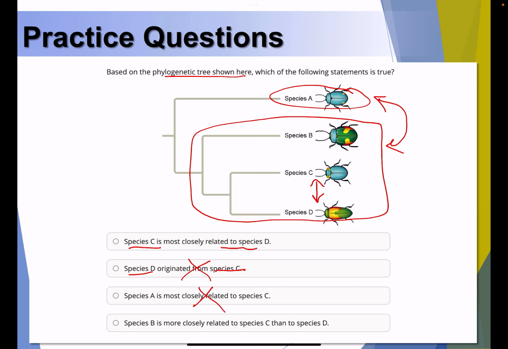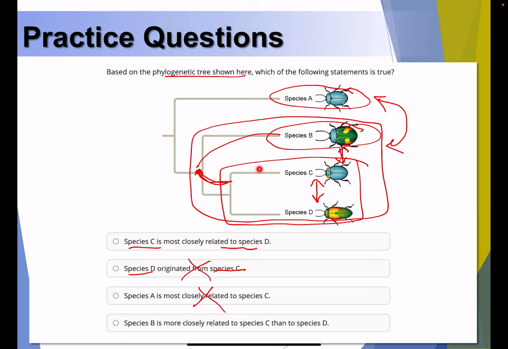And then the last statement: species B is more closely related to species C than to D. Again, now we're looking at species B. And if we're talking about the phylogenetic tree, here's a common ancestor. So species B is equally related to species C and D, not more closely related. Just because they're next to each other like that doesn't mean they're sister taxa.